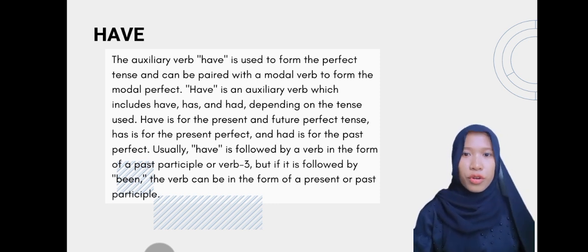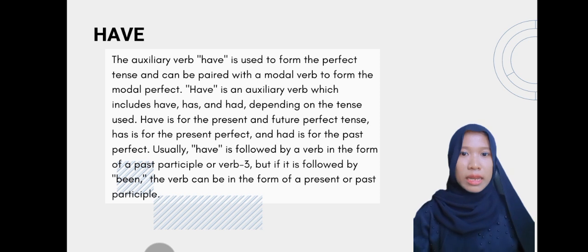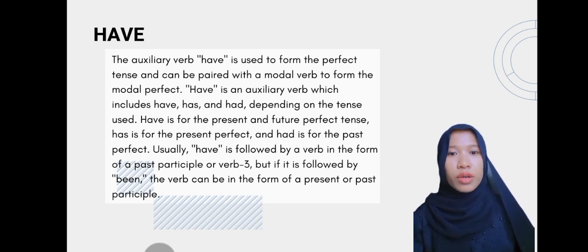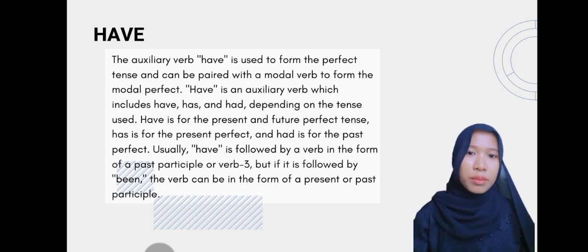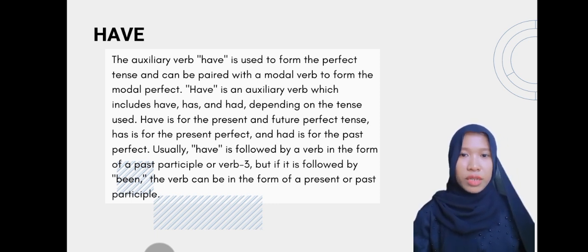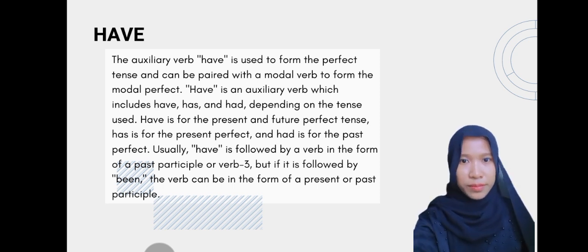Has is for the present perfect and had is for the past perfect. Usually, have is followed by a verb in the form of a past participle or verb three. But if it's followed by been, the verb can be in the form of a present or past participle.